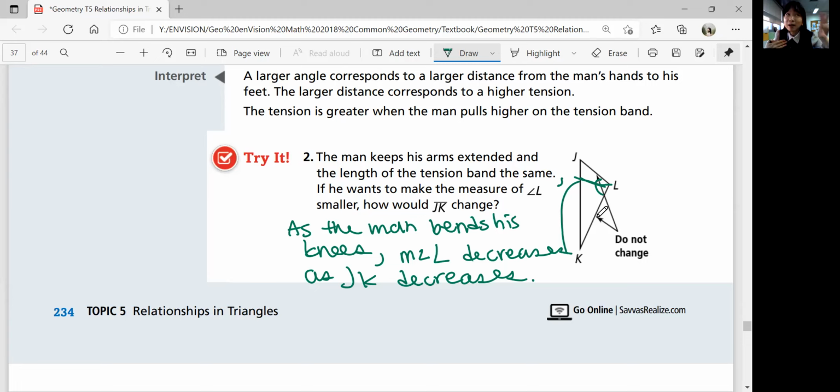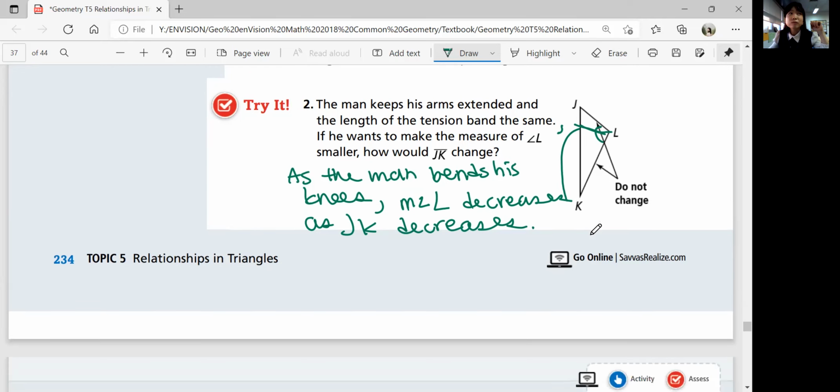So that's not the man's body. It's the distance between his shoulders and the feet. And the distance is always perpendicular to the ground from his shoulders to the feet, right? So JK will always be a straight line between J and K, okay? So it's not gonna bend or anything. It's gonna be a straight line.